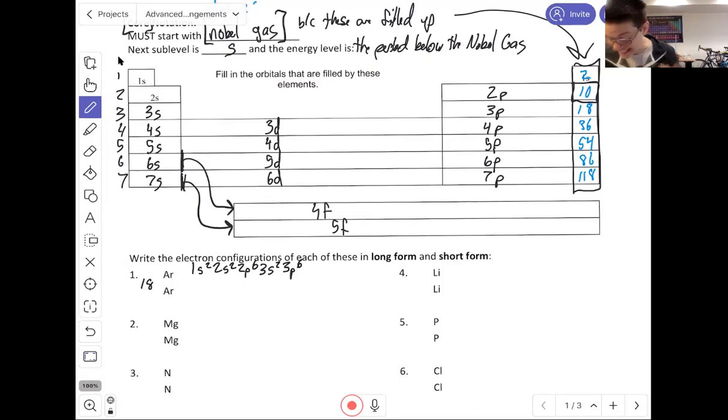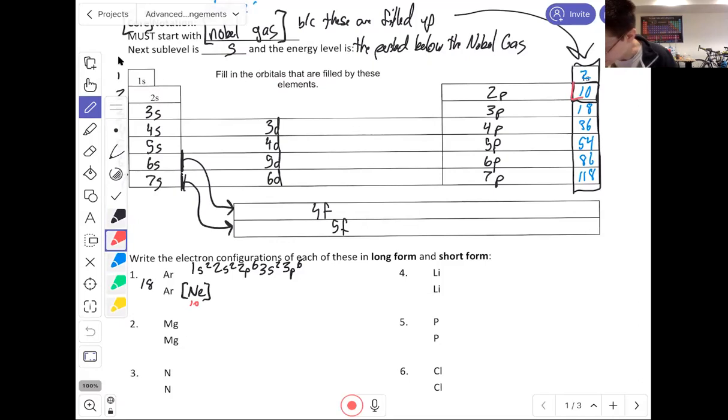If I want to condense it, I need to use a noble gas that is smaller than the number 18. So which noble gas is smaller than 18? Neon. So I can write neon in brackets.